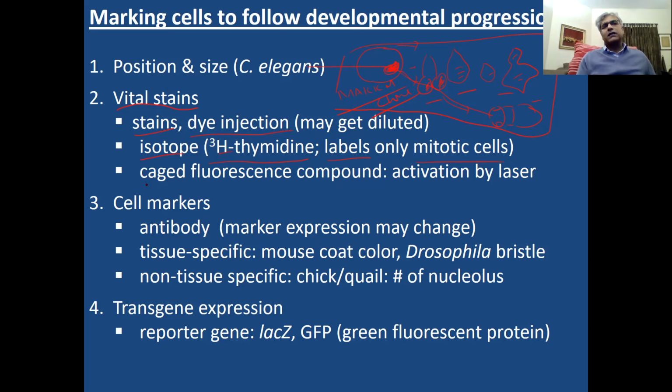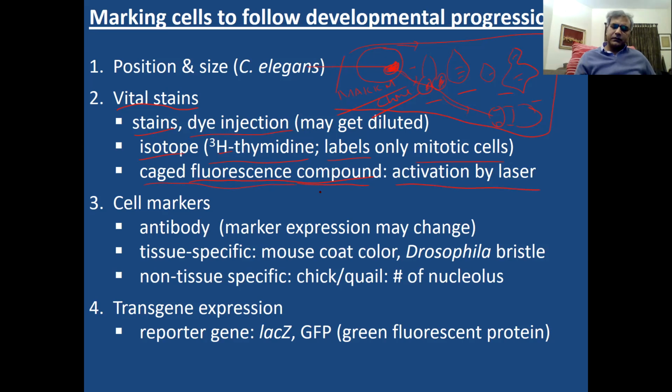Also, in the last 15-20 years, we saw caged fluorescence as well. These are fluorescent compounds, fluorophores, which you inject into the cells, and then using a laser of a specific wavelength, when you hit the cell, these caged compounds start emitting fluorescence.